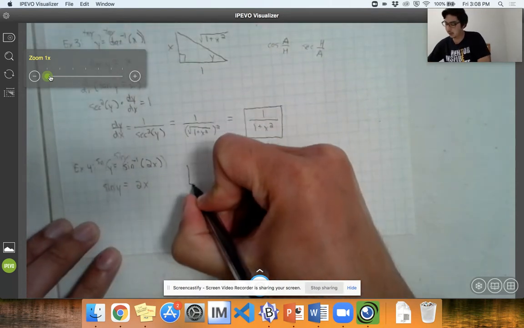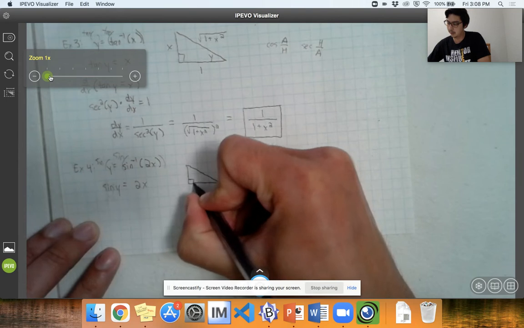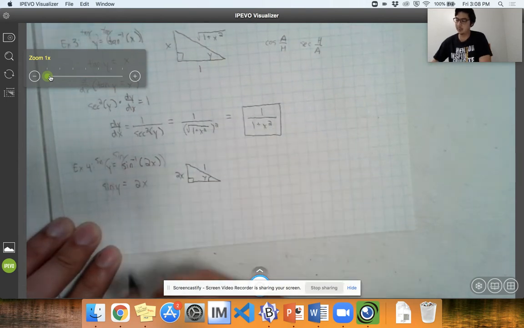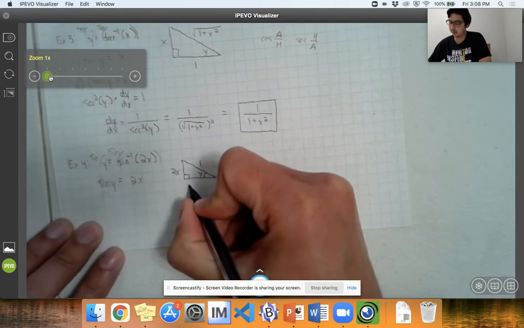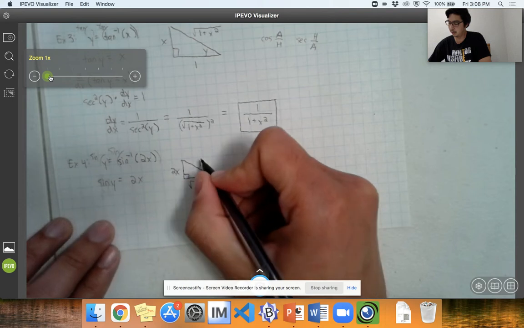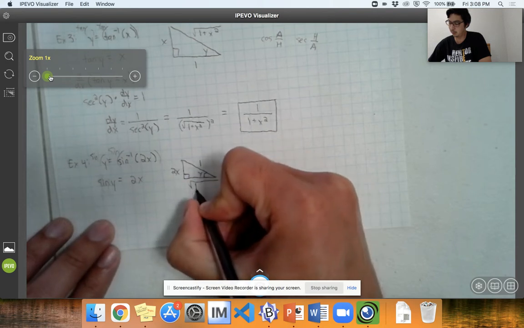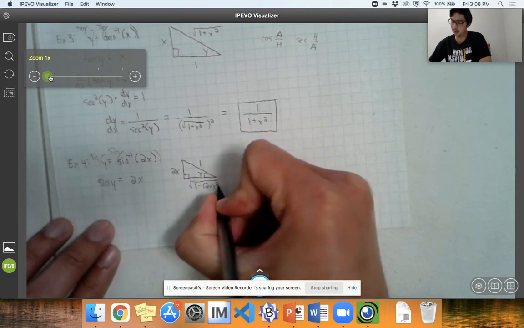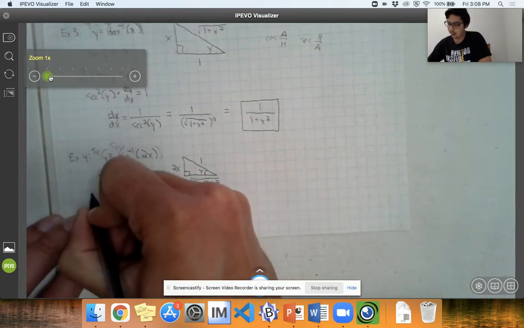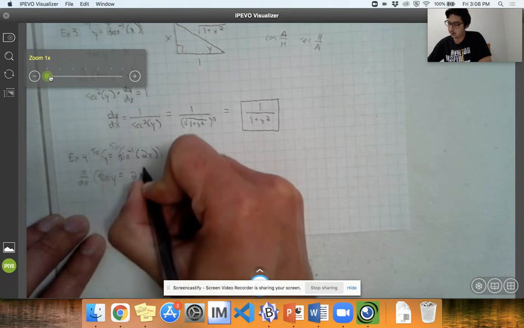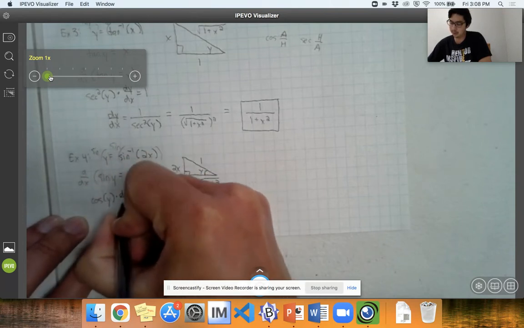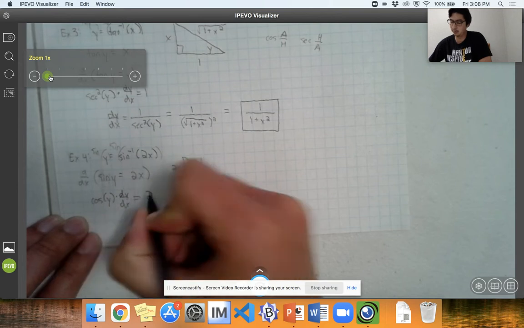So if I make a right triangle, you have an angle y, the opposite over the hypotenuse is 2x, which implies that this side is going to equal, a squared plus b squared equals c squared, so if I'm solving for this side, it'd be the square root of 1 minus 2x squared. So then, if I take the derivative of this, I'm going to have the derivative outside, which is cosine, leaving the inside alone, times the derivative inside, equal to 2.